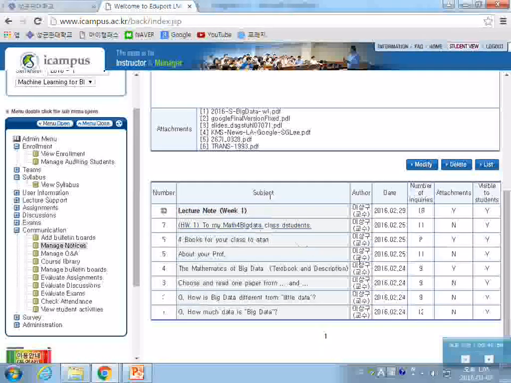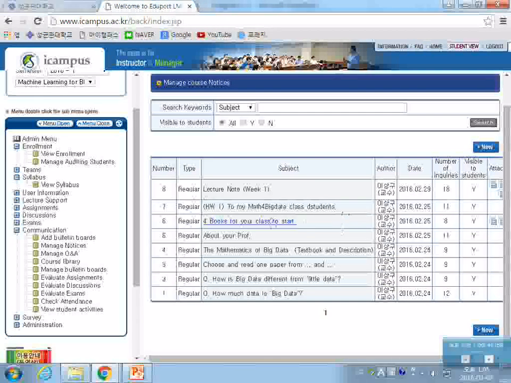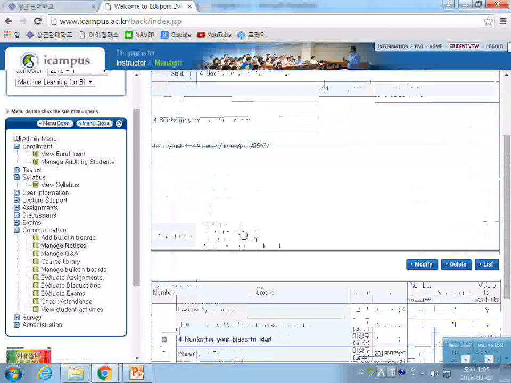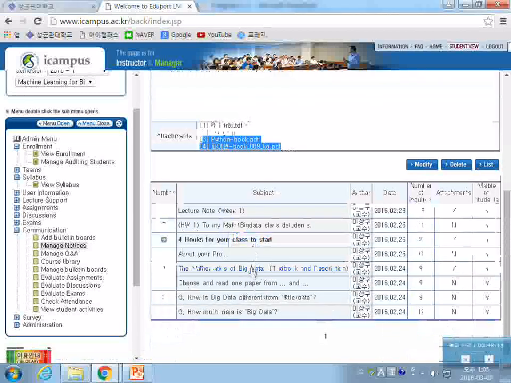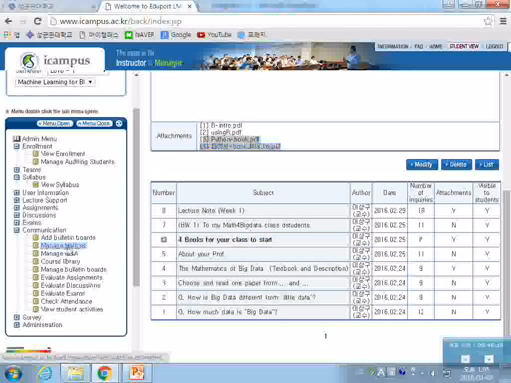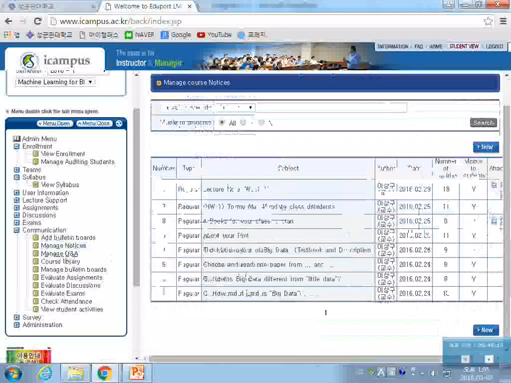Okay. Anyway, as you see, I have uploaded some files, 4 books. Here, this is a book for statistics with R, and these are 2 books for Python languages. 2 in Korean, 2 in English, and there is the textbook.